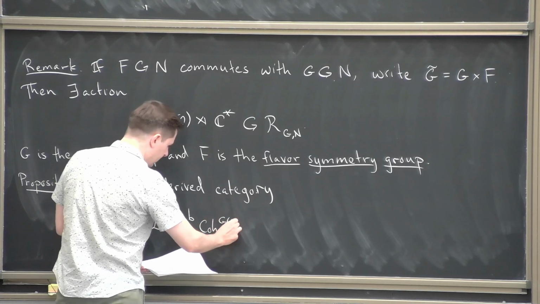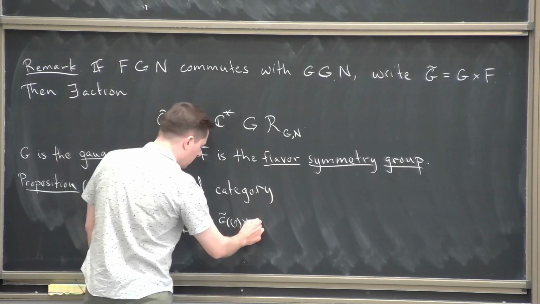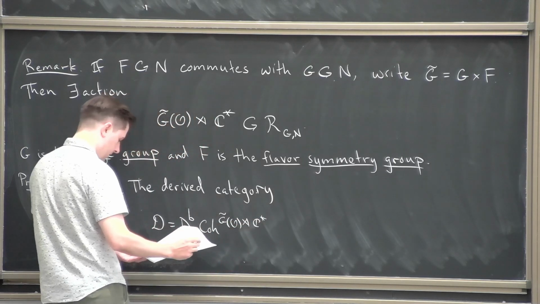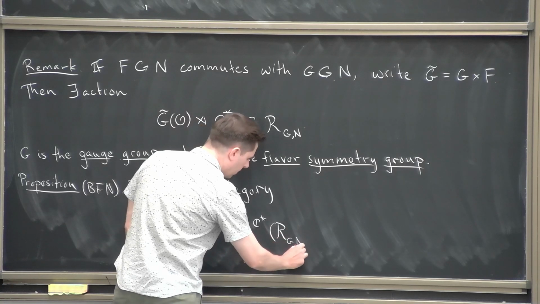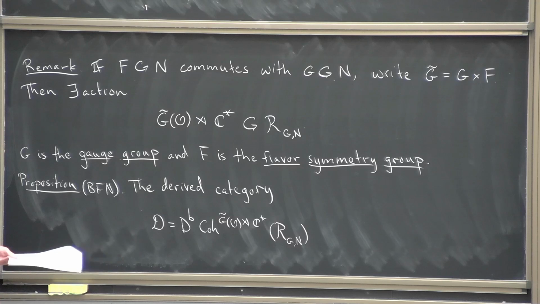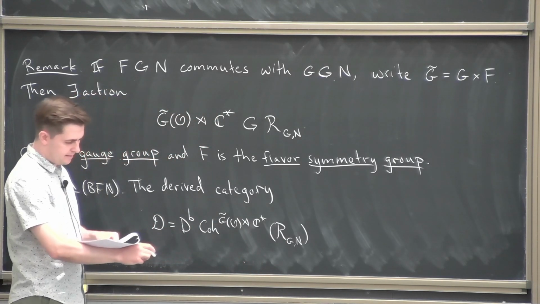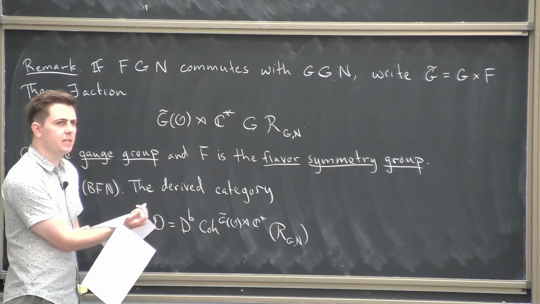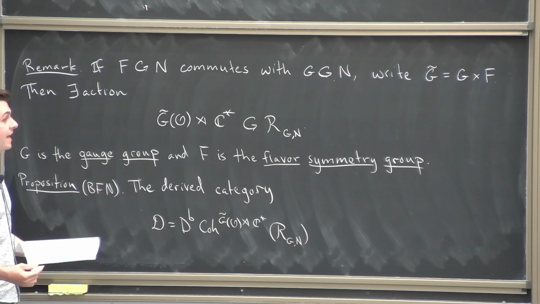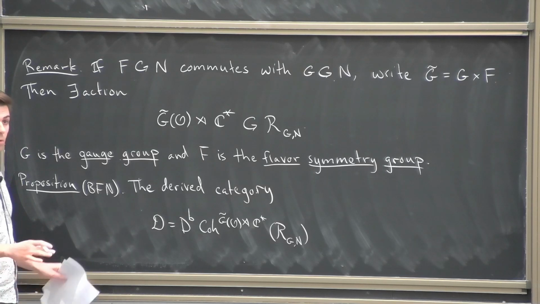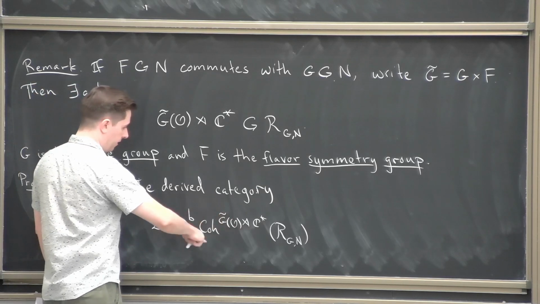So we have this action on the variety of triples, and we look at coherent sheaves that are equivariant for that group action and take the derived category. And it's a little bit subtle to define this because, like I said, the space of triples is really not a variety. It's an ind scheme, so one has to be a little bit careful here. But let's not bother with the technicalities.